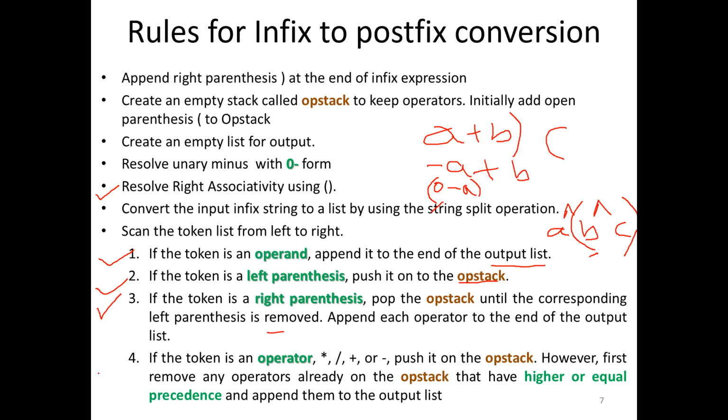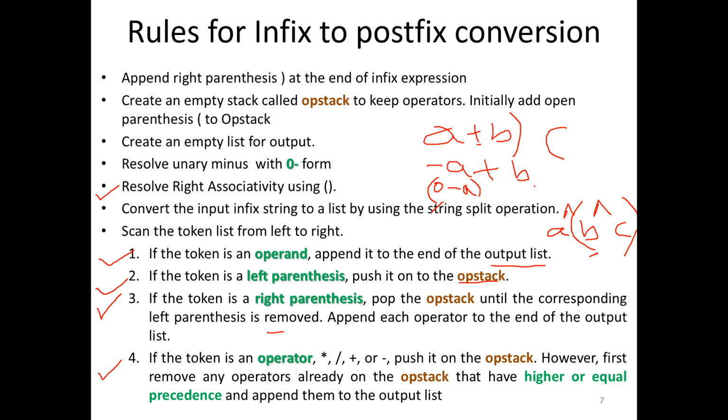The next rule, rule number 4: if the token is an operator, here it is plus, here it is minus, here is exponentiation, you push that to the stack. While pushing that operator to the stack, you have to check the top for higher precedence symbols and equal precedence symbols.